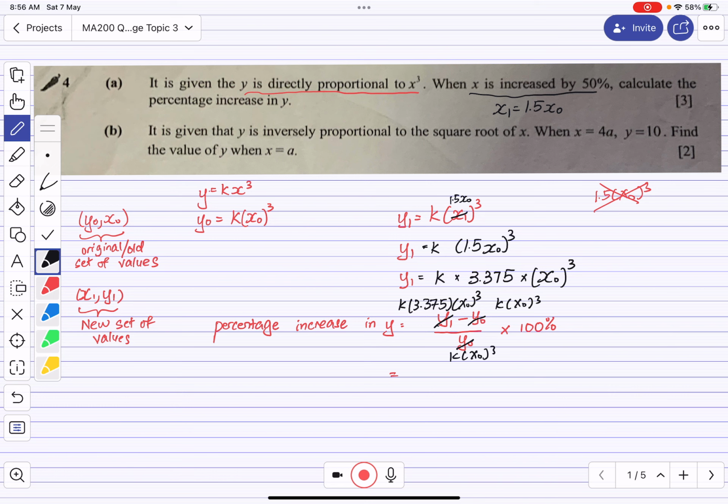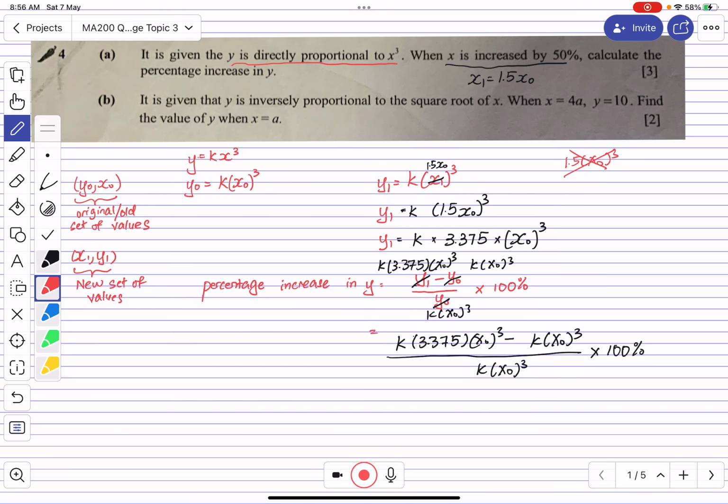With that, let me write out the equation. This is k times 3.375 x naught cubed, minus k x naught cubed, over k x naught cubed, multiplied by 100%. From here, you can see that k can be cancelled off, as it's a common factor. Similarly, x naught cubed can also be cancelled off.